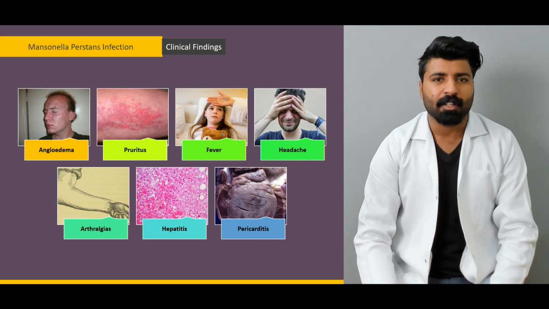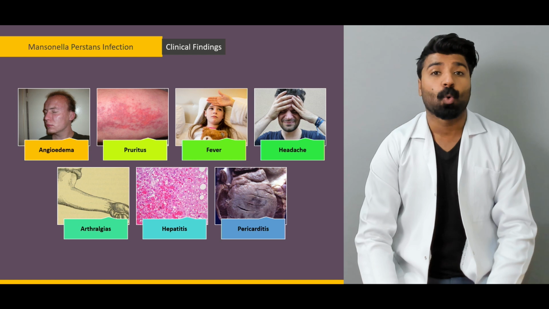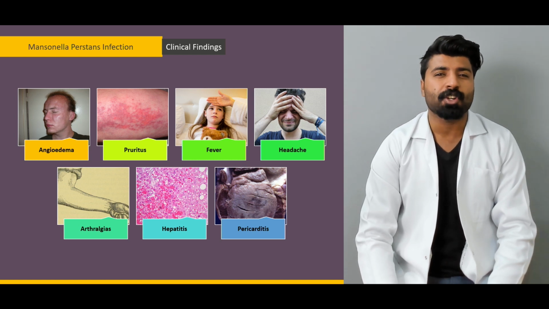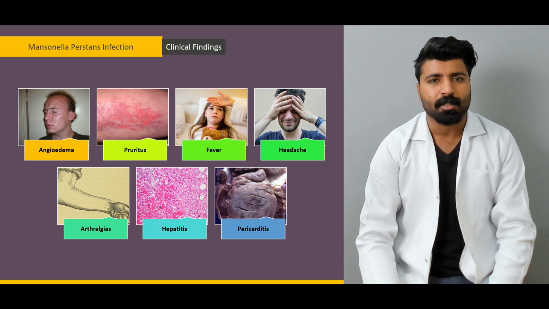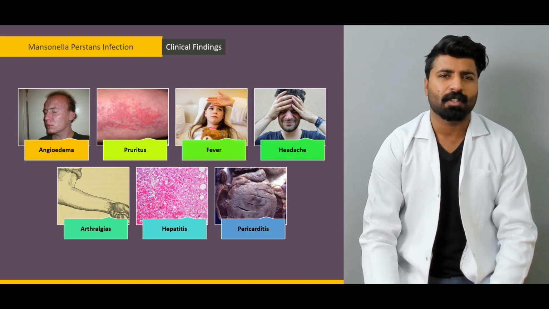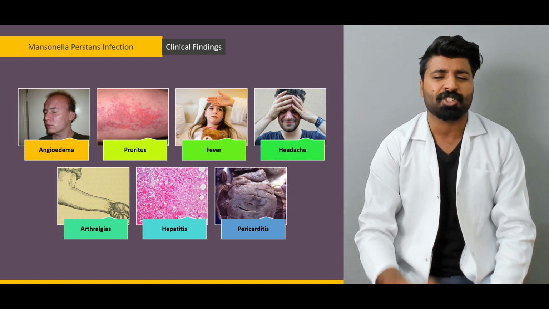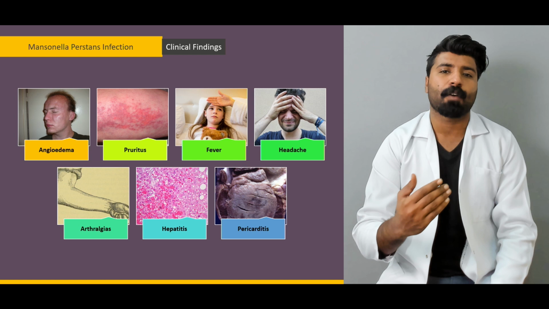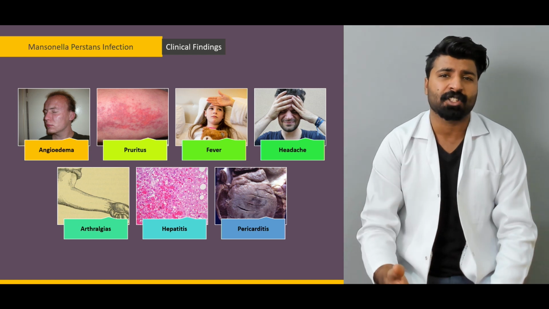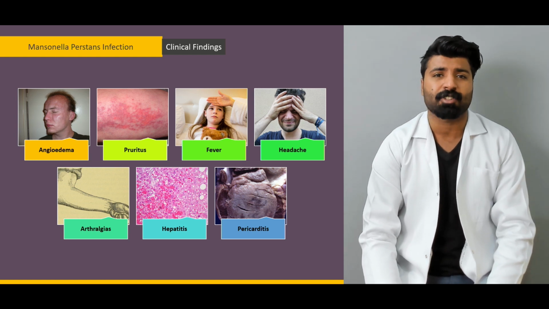Pericardial cavity being affected will lead to what? Pericarditis. Joints being affected will lead to arthralgias. You'll have fever because of the active infection. You'll have pruritus because of the active skin manifestation. Angioedema will be happening, and hepatitis will come in because it gives off your body to secondary infections. Those viruses can come in and cause hepatitis in return.